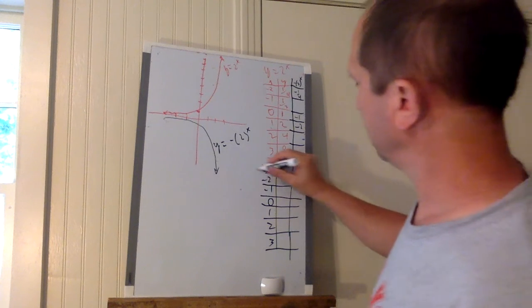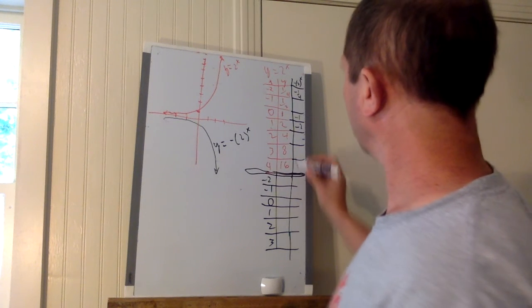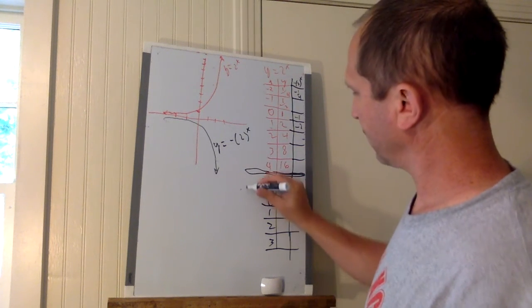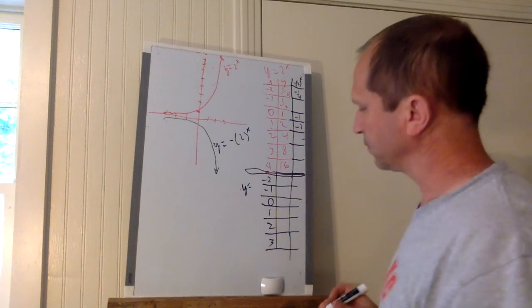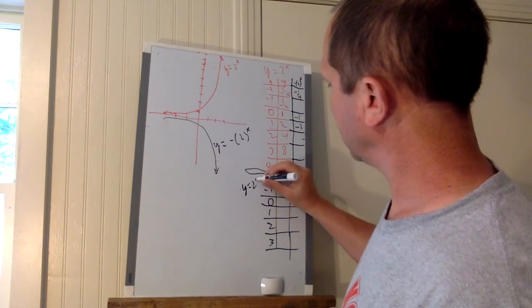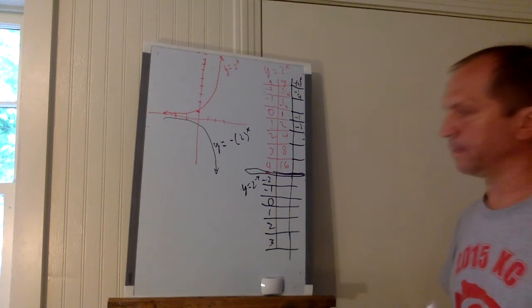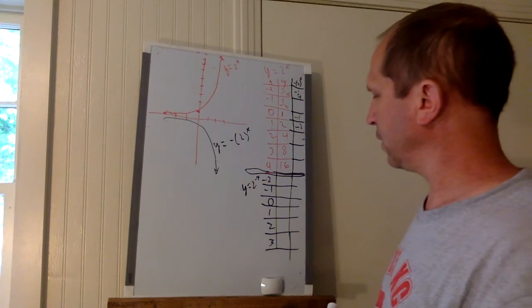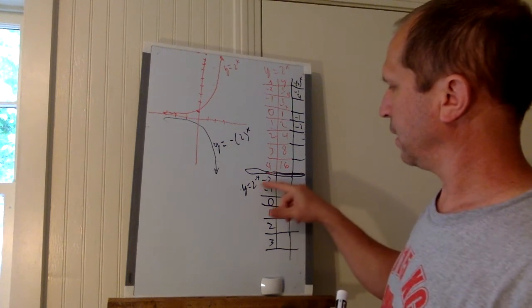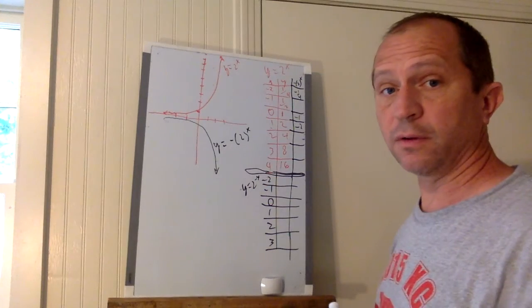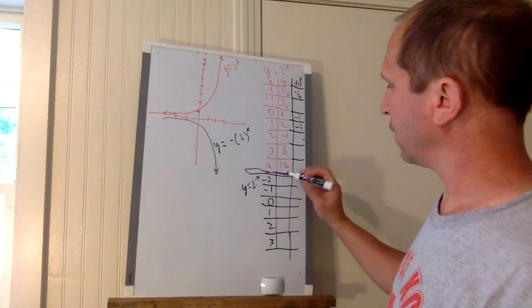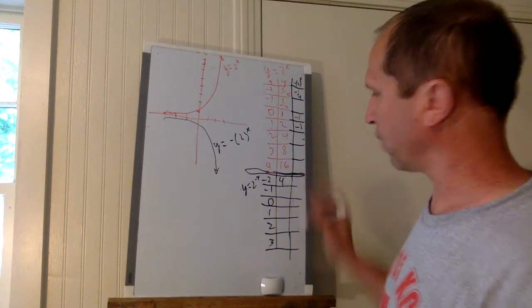But let's do this for y equals 2 raised to the negative x power. So we've got 2 to the negative of negative 2. That's the same thing as 2 squared, which would be 4.